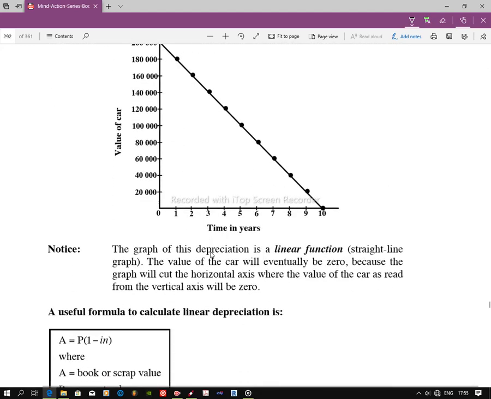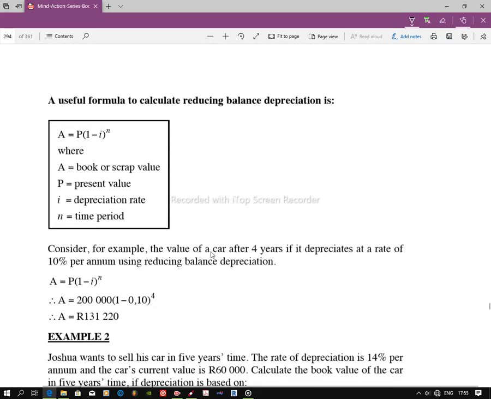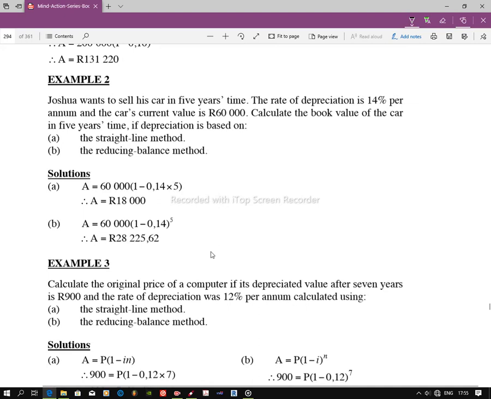This is not the best example because I feel like some of the information is missing. Let's go for example number 2.